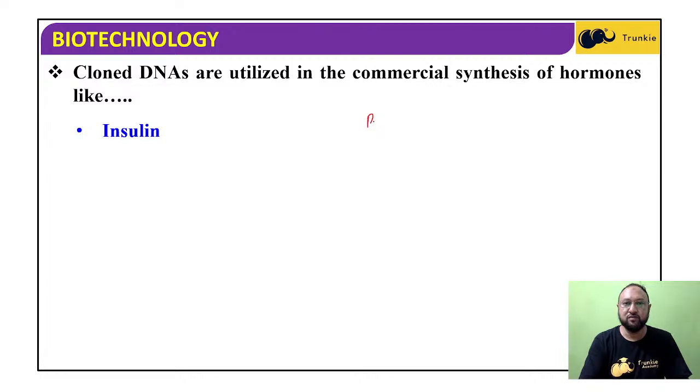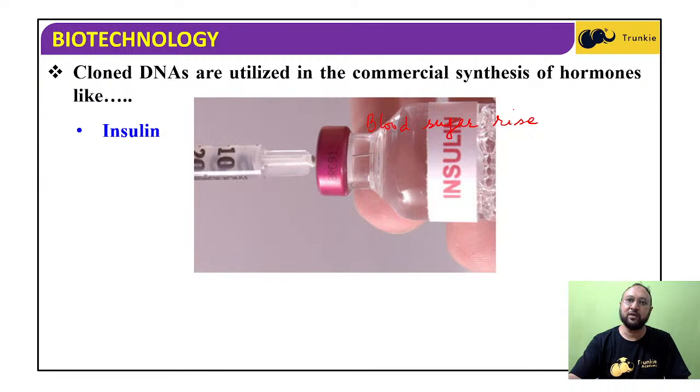Okay, so the blood sugar level rises due to less production of insulin. This insulin is now commercially synthesized with the help of biotechnology, and it is injected into the subcutaneous region of the body to compensate for the insulin that is not produced by the body.